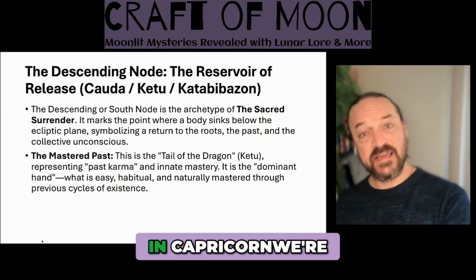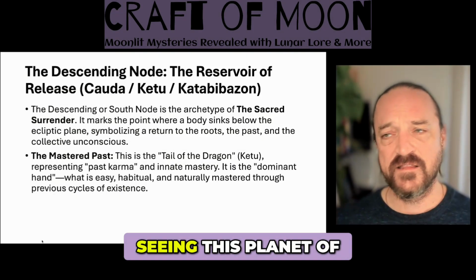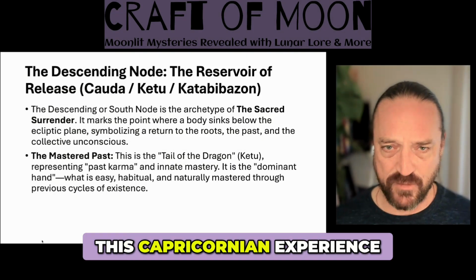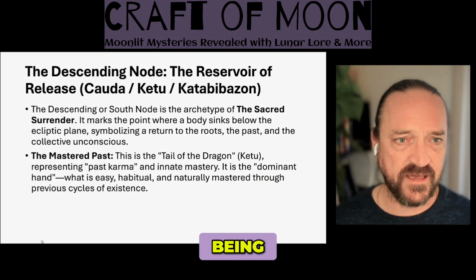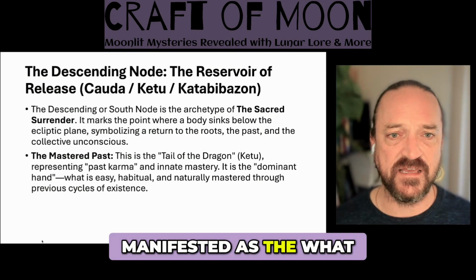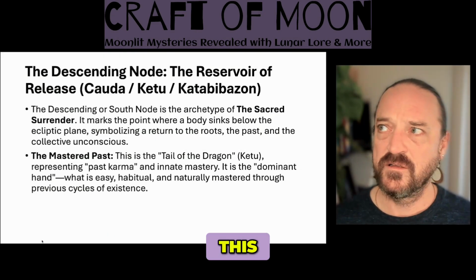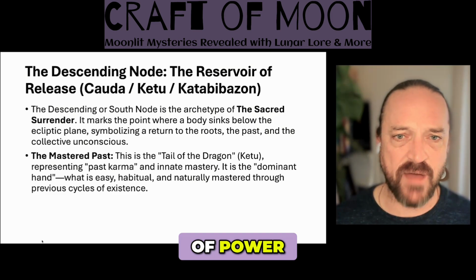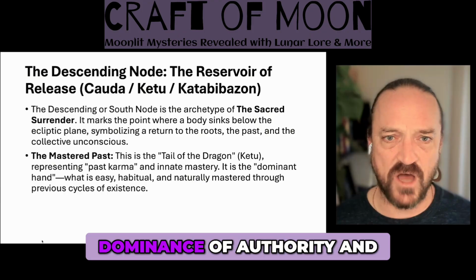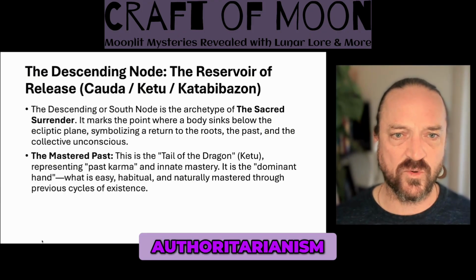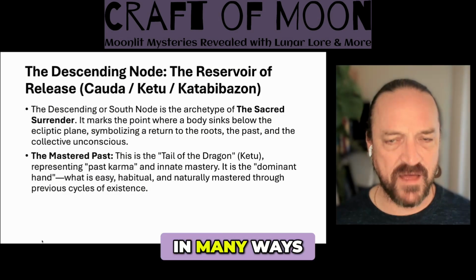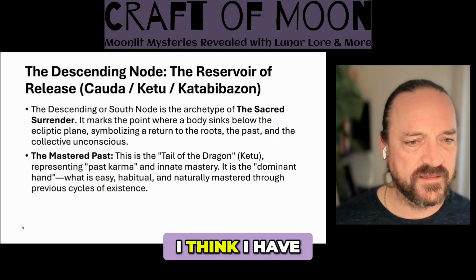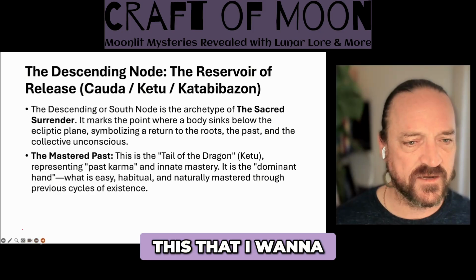So again, in Capricorn, we're seeing this Capricornian experience being manifested as what is habitual: the power structures, the structures of things, the rising of power. The dominance of authority and authoritarianism is in many ways a Capricornian experience. And last, I have one more slide I want to bring up here.